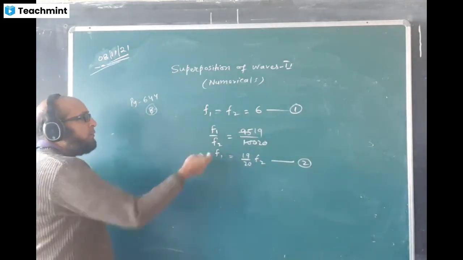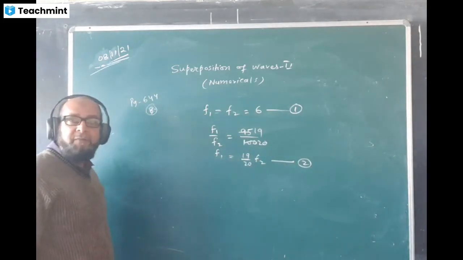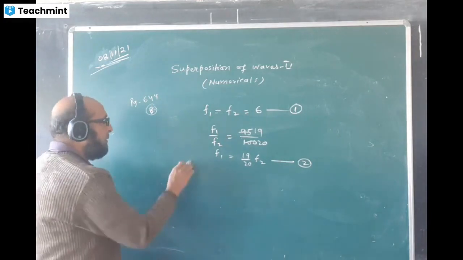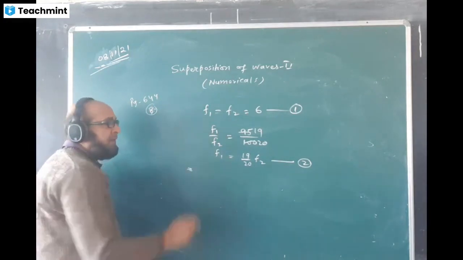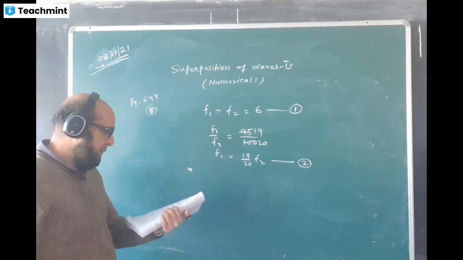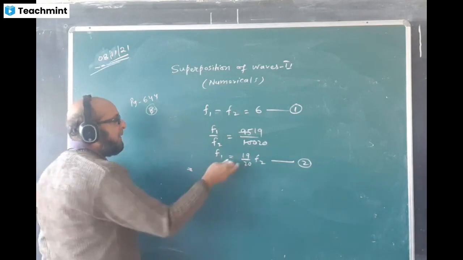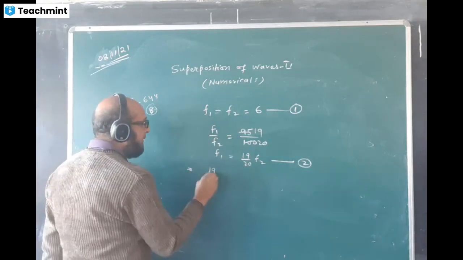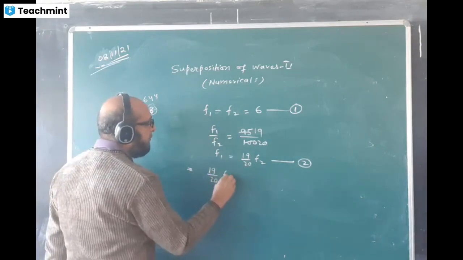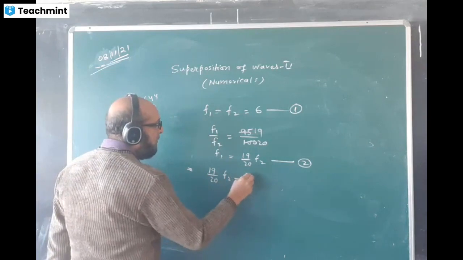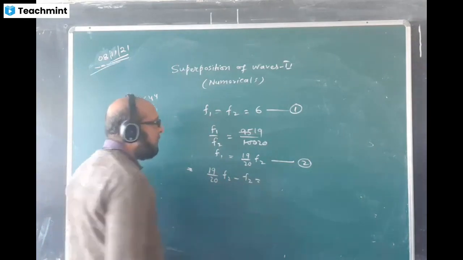Now I'll solve the two equations, find the value of F1 and F2. F1 is the frequency of the string and F2 is the frequency of the tuning fork. Put the value back now. F1 value I put here 19 by 20 F2 minus F2.